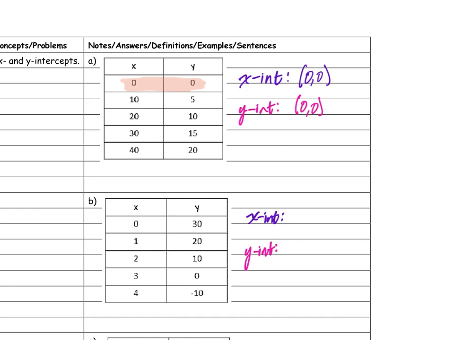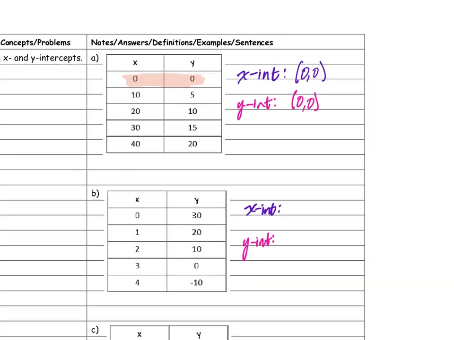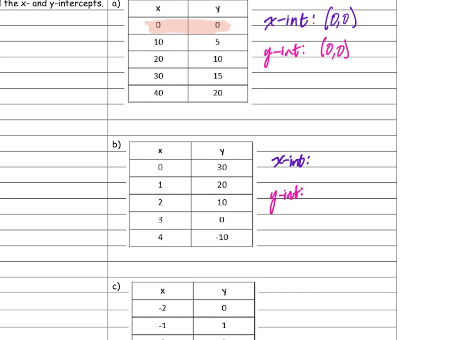So if I look at the second one, any rows that only have a 0 in them. Okay, let's try this again. Is this one and this one. So now I have to decide which one's my x-intercept. Well, my x-intercept is where y is 0.